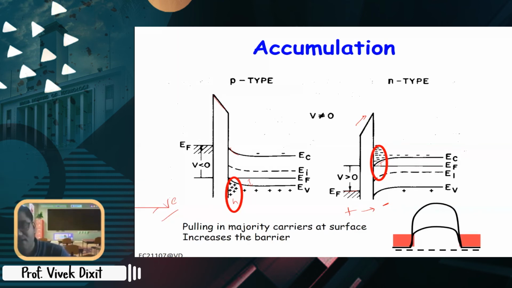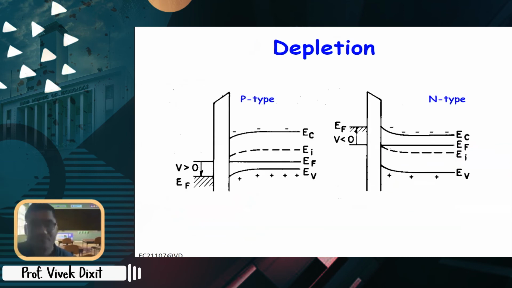Similarly, you can analyze the depletion region. So for the depletion region, what will you do? For p-type, you have to push away the holes. So you will apply positive voltage. So by positive voltage, this will go down. So you will have a structure similar to this, but now because the Fermi level is here, there will be less concentration of holes. You can see here. So for depletion, you are applying a positive voltage to p-type, a negative voltage to n-type.